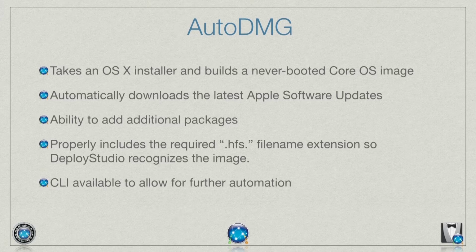If you're like me, I have a file share out there, and anytime there's a new version of OS 10, I download it off the App Store, bundle the .app into a disk image, and throw it out on a share so that anyone on the campus can use it, kind of like a retro caching server, if you will, so that we aren't all downloading the same 6 gig binary. Once I do that, I can say, okay, here's a workflow script that checks that folder on the share for a new version, and then automatically builds me a new zero-boot image with AutoDMG.